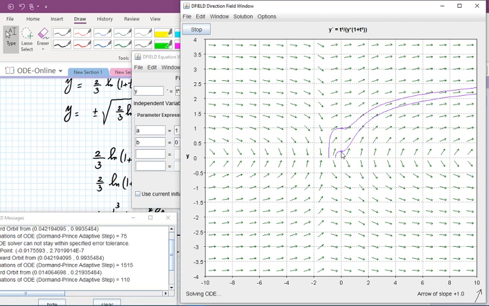So starting at this point, I can go as far back as this, and that's the start of the interval of existence. On the right side, I have no issue. I can go as far to the right as I want, but I'm limited at this point. If you want to try another point, here let's try a negative y0. You see almost the same thing.